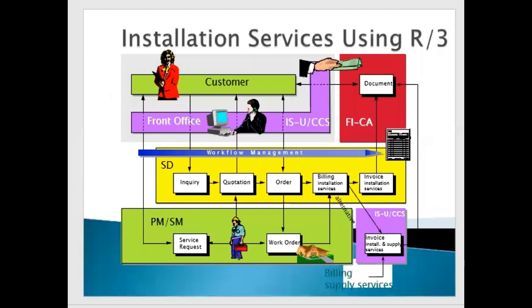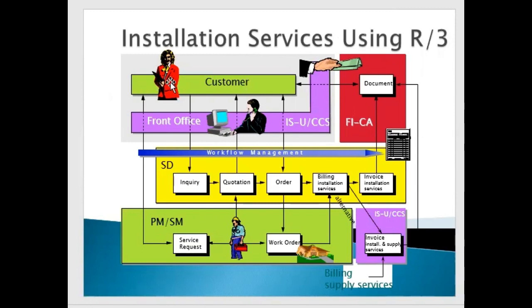Okay, so now this is a very simple customer services scenario where you can see how the SD billing is integrated to the FICA. You can see the FICA is here in the documentation segment, okay? But the real process starts from the customer services.